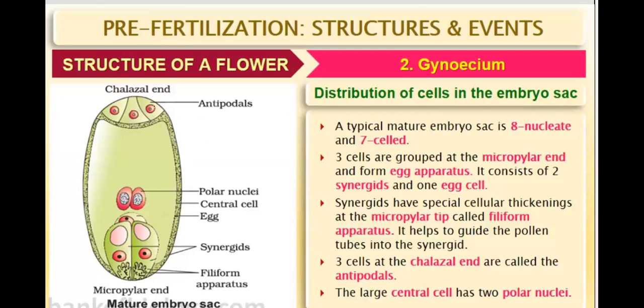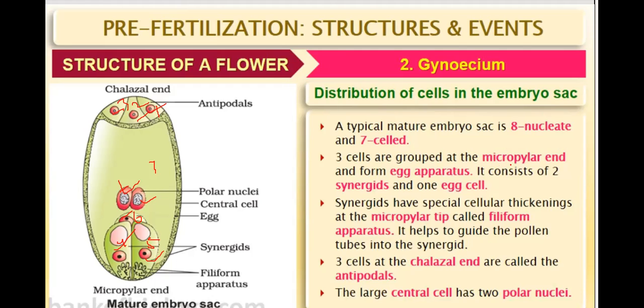How many cells? 1, 2, 3, 4, 5, 6, and 7. And how many nuclei? 1, 2, 3, 4, 5, 6, 7, 8. 8 nuclei and 7 cells.